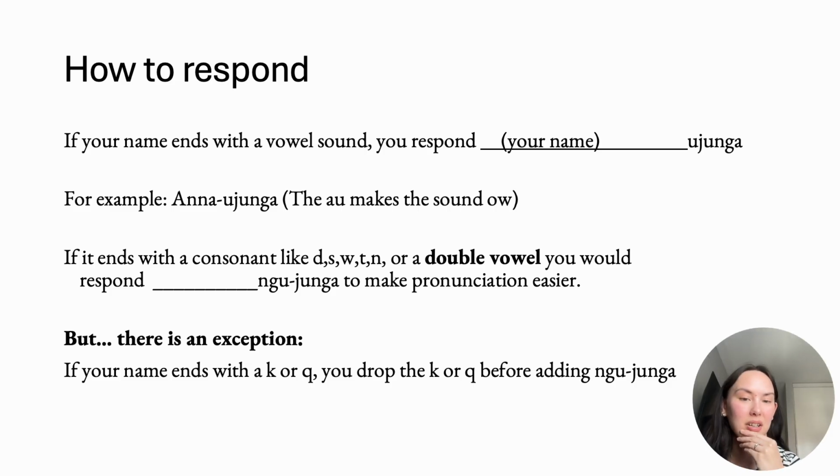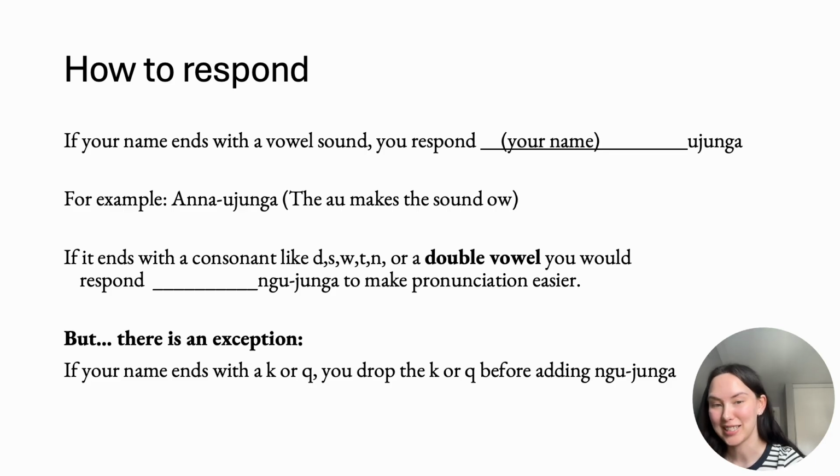But if it ends in a consonant, for example, we'll take the English name David. So David ends in a consonant sound, so we would say David nguyunga. Because my name is Augat Nak, we're dropping the Q, but it's a double vowel.